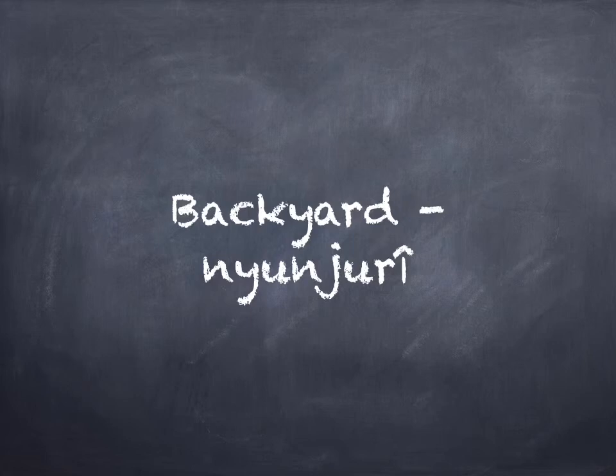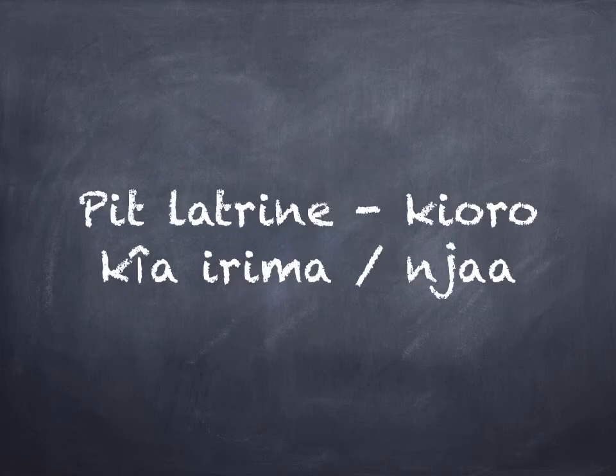The backyard in Kikuyu is known as njûri. Here you will find a pit latrine, which is known as kioro kiaja. Kioro kiaja or kioro kiairima is also correct.